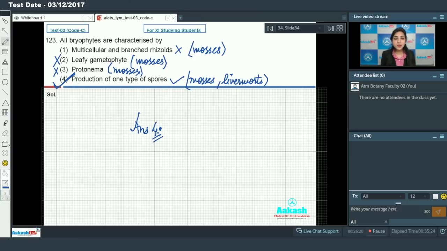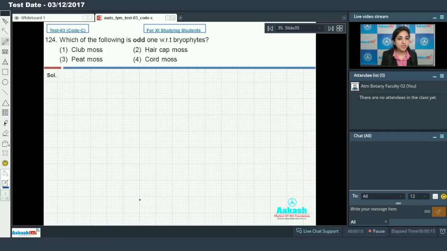Moving on to the next question, that is question number 124. Question number 124 says that which of the following is odd one with respect to bryophytes? इस question में सारे options में you can see moss is there. So this question is just to confuse you. You should know the scientific names of these plants.